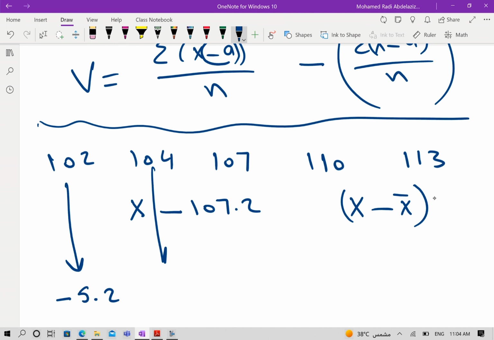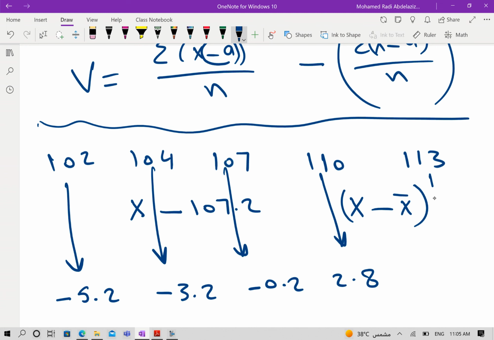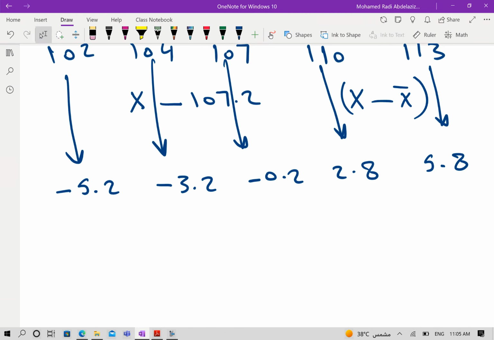The second will be negative 3.2, negative 0.2, and now positive 2.8, 5.8. Without any calculation, what is the sum of x minus x bar?